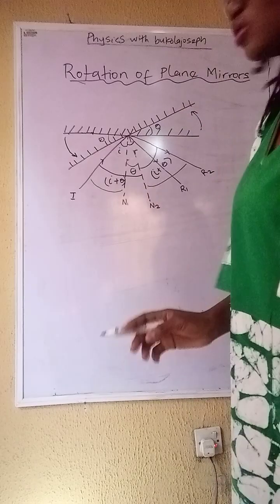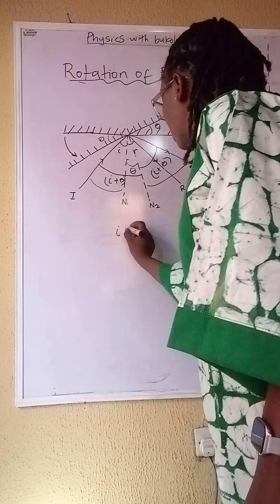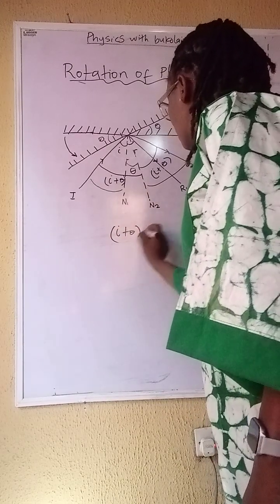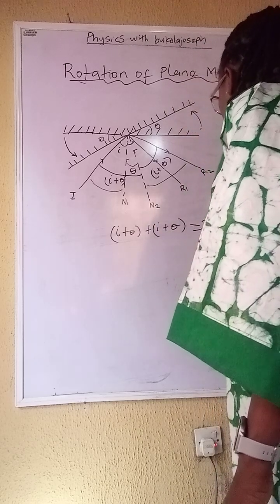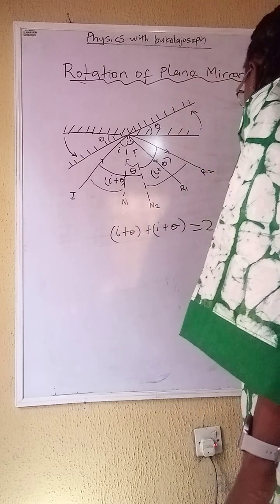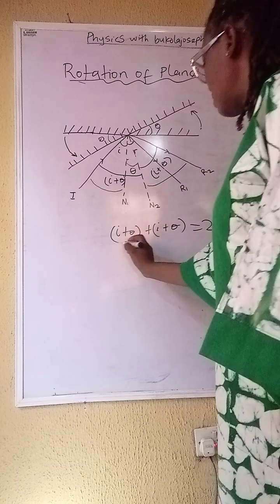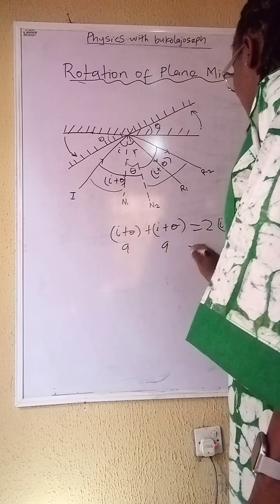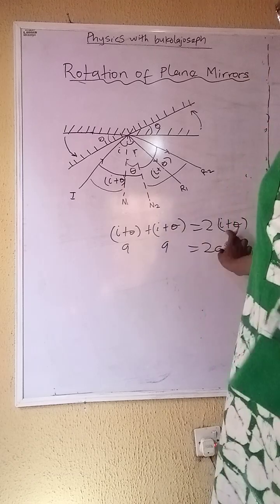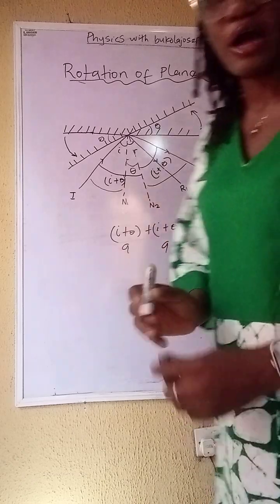So this is equal to I plus theta plus I plus theta, which is the same thing as 2I plus 2 theta. If you are confused, let's say this is A and this is A. If you say A plus A, you have 2A. It is the same thing as what you have above.